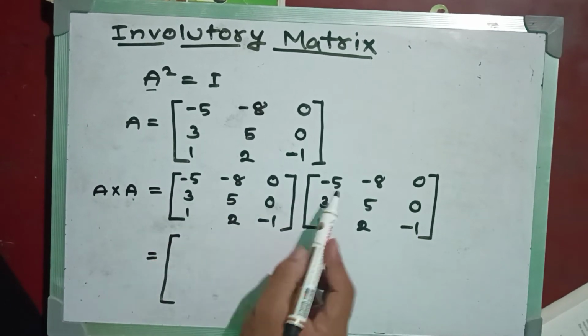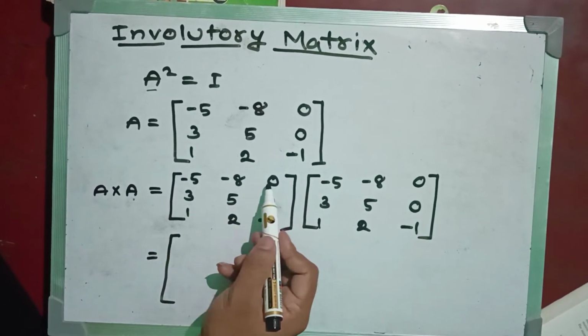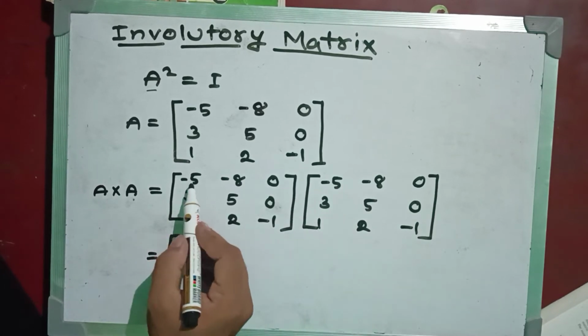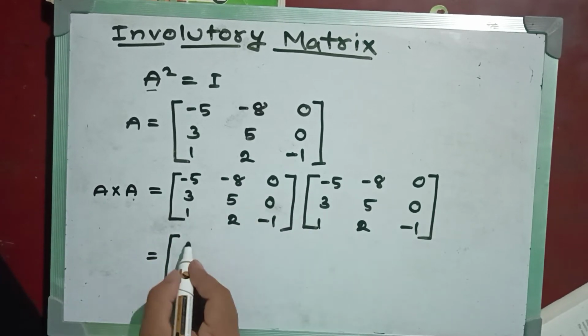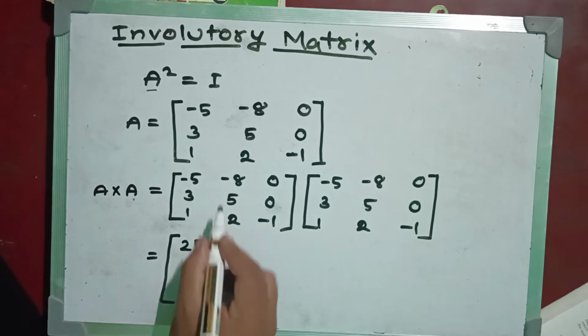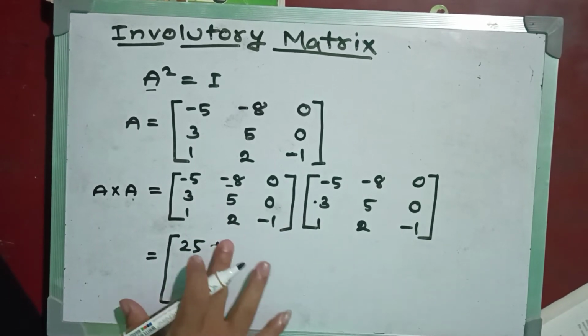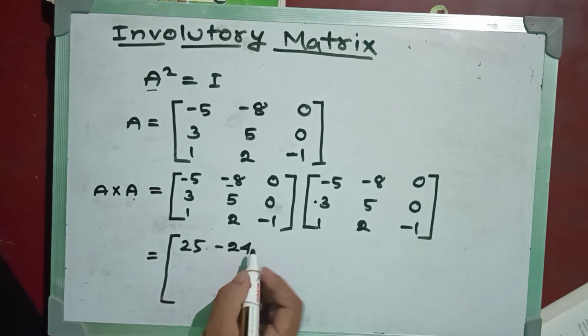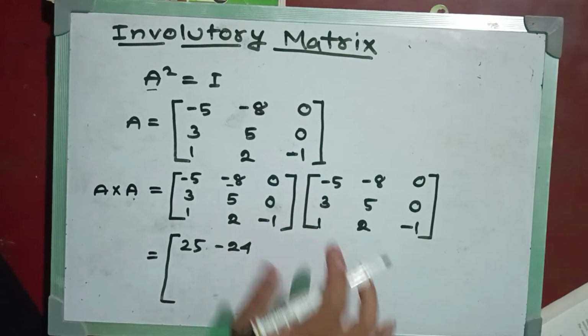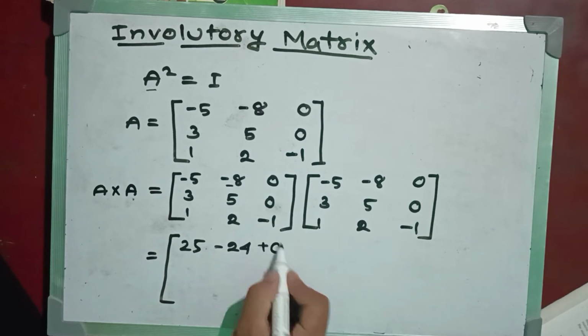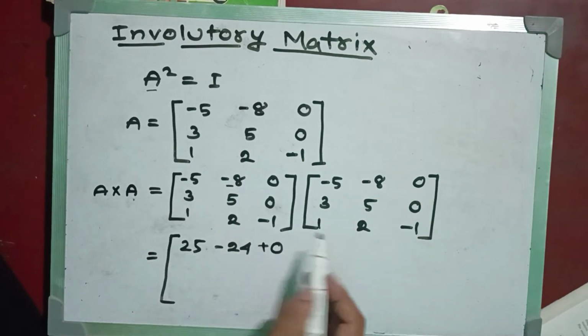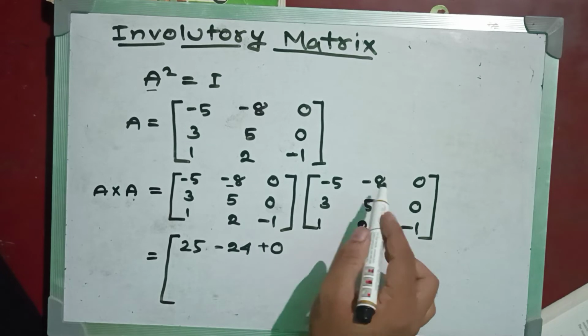So -5 into -5, first row multiplied by first column. So -5 and -5, it's 25, plus -8 into 3, that means -24, plus 0 into 1, that means 0. So now I will multiply first row second column.